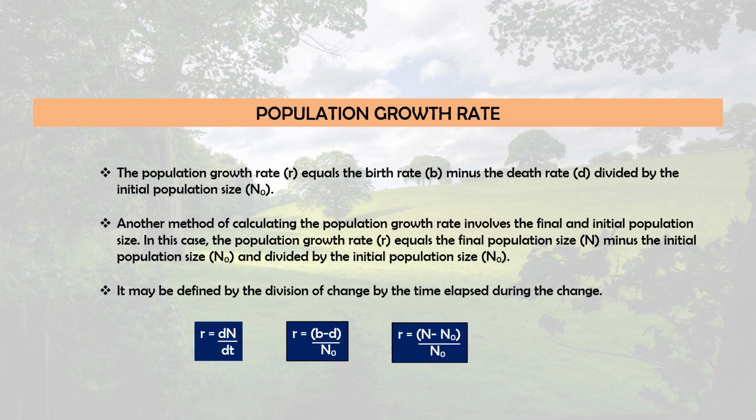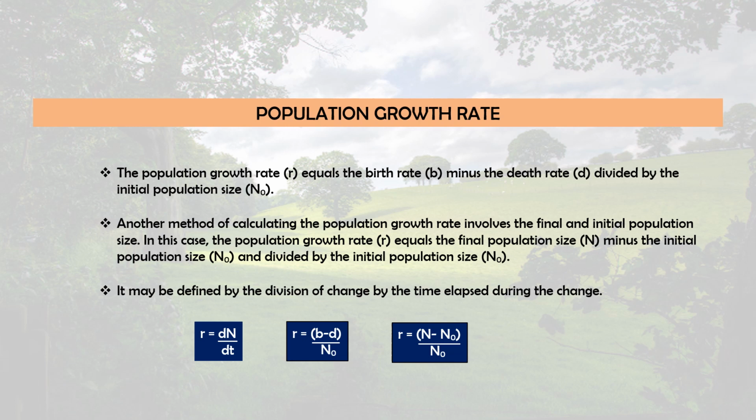So this is one way for calculation. The next one is through division of the change of population within a period of time, where we calculate dN by dt, where dN is the change in number of organisms and dN by dt gives us the average change in the number of organisms per unit time. So this gives us the growth rate.